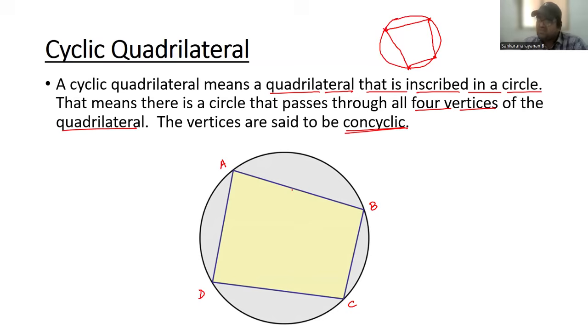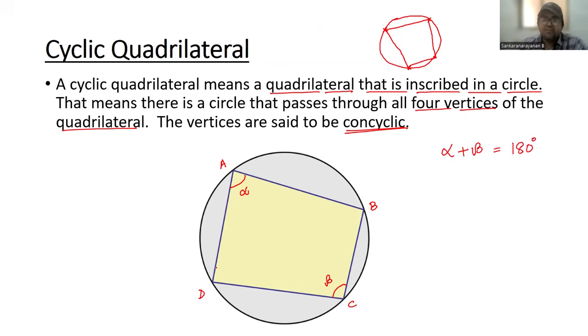Okay. Now, let me present some properties associated with the cyclic quadrilateral. If I say that this angle is alpha, and let me say that the opposite angle is beta, please be aware that alpha plus beta is equal to 180 degrees.